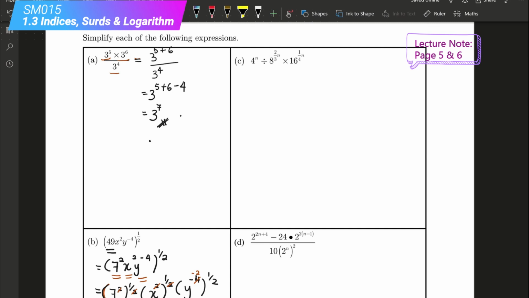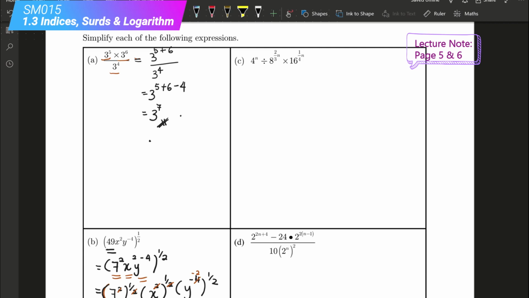When you see the question, please make sure that it is in the very simplest base. So now it's not in the simplest base, right? For C, we have 4, 8, and 16. What's the simplest base for all three? Yes, 2.